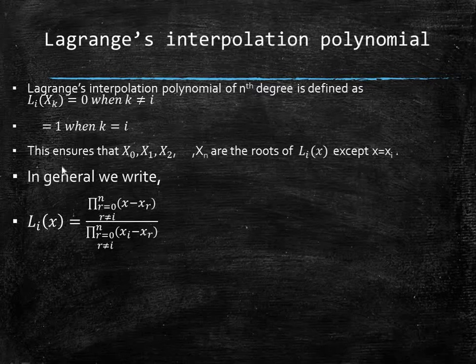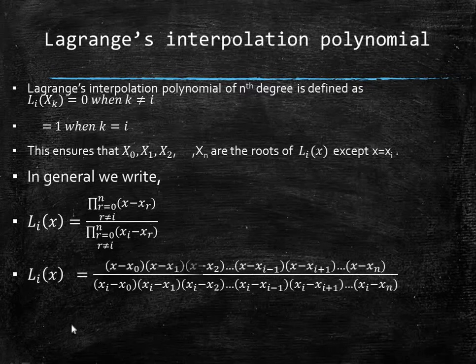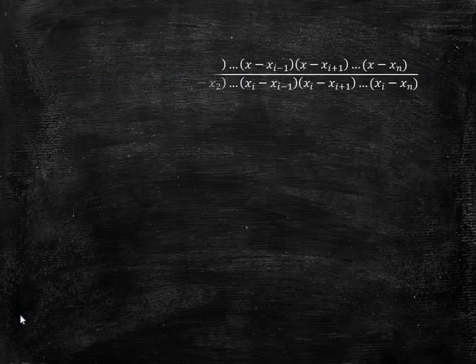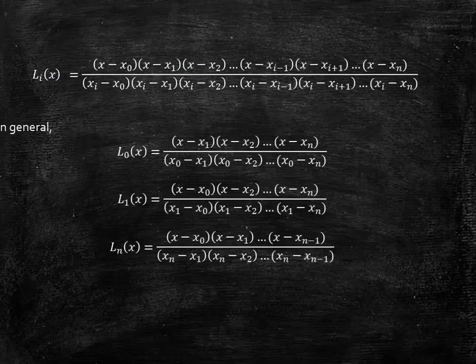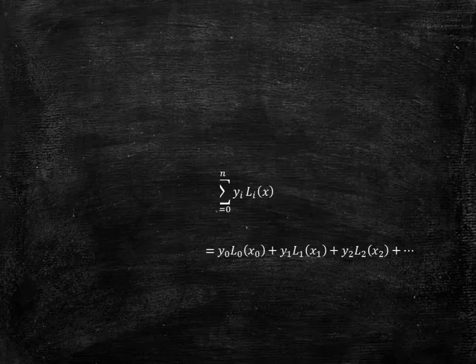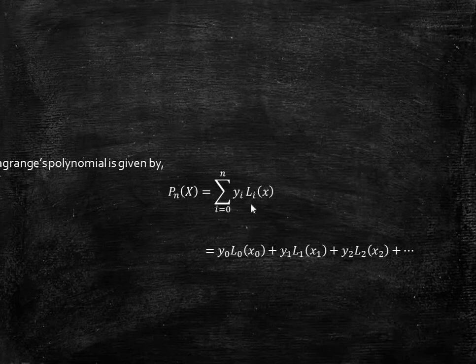So by using that formula, we have to calculate L0, L1, up to Ln. After finding the Li's, we write the polynomial Pn of x equal to the summation of yi into Li of x.